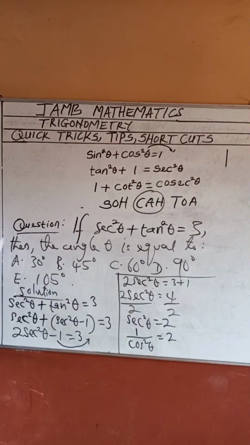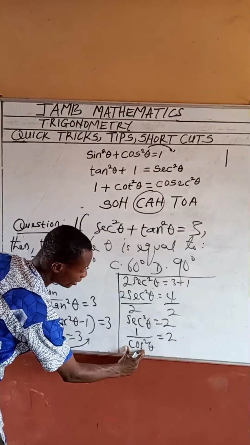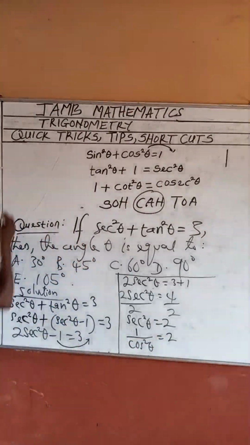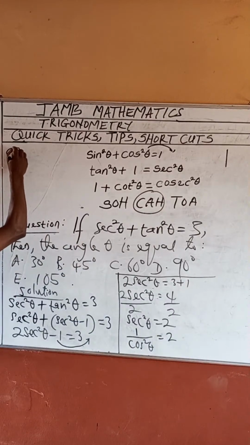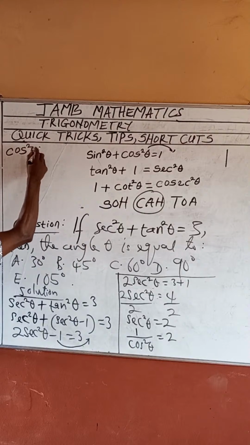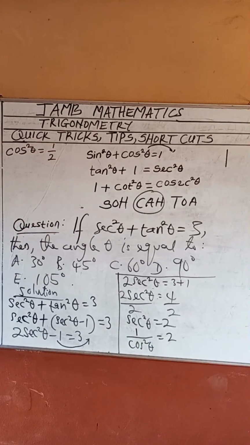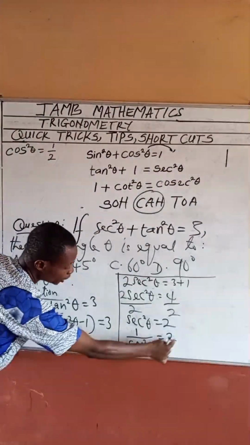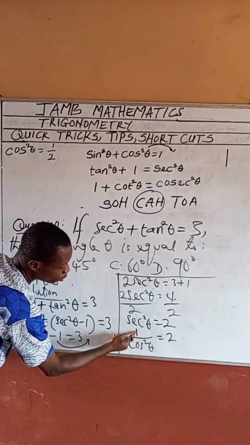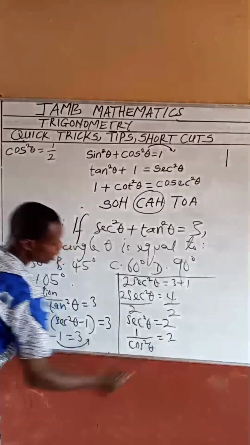So this means bring this cos square here and bring 2 here. It means that cos square theta is equals to 1 over 2. It's a transformation, an interchange. When you bring 2 here, it becomes 1 over 2, then cos square will now be here.